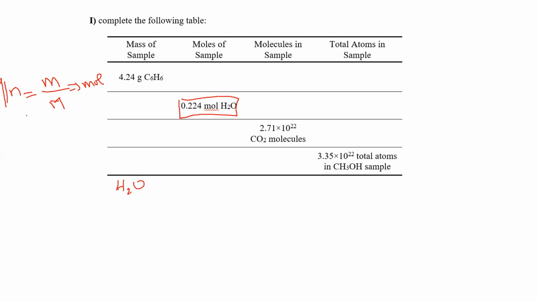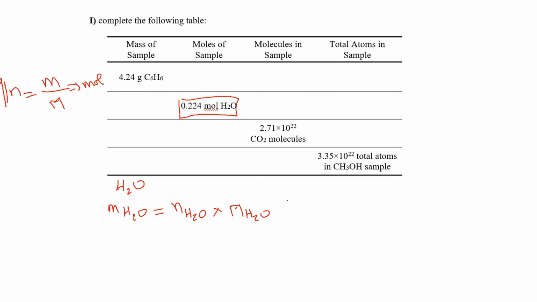Okay. Here we have the number of mole. So if you want to get the mass of H2O, we will need the number of mole of H2O multiplied by the molar mass of H2O. So let's first calculate the molar mass.